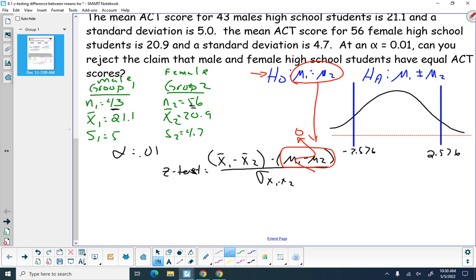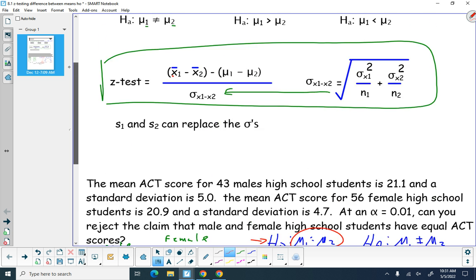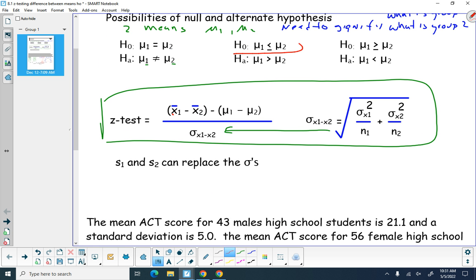Now, once again, if you get into stats beyond stats 1, you'll get into problems where mu1 is not going to be equal to mu2. But for our purposes, mu1 is equal to mu2. Even if this was less than or equal to or greater than or equal to, our null hypothesis here involves the idea of equality.